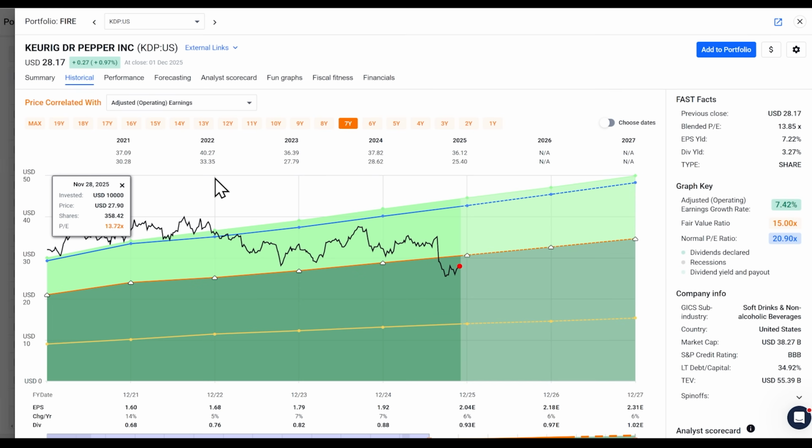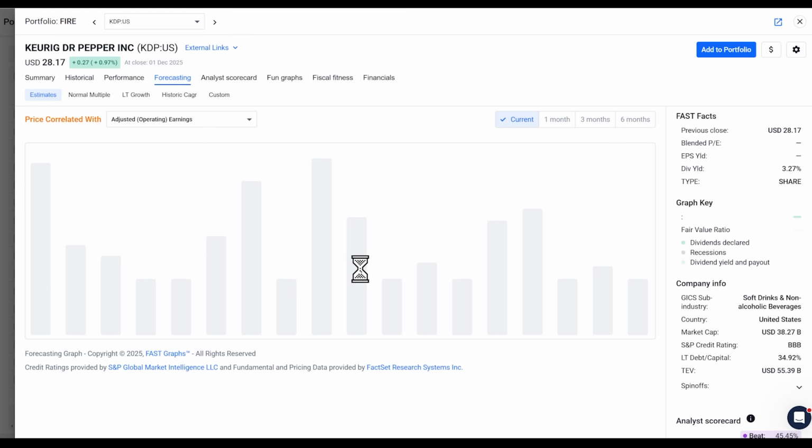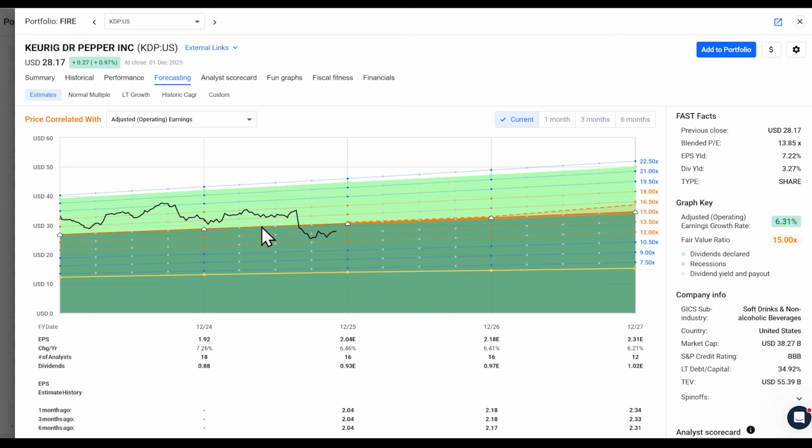Okay, now the forecasting graph, I want you to note, the historical 5-year growth has been about 7.5%. It's forecast by the analyst estimates, which again is iffy because analysts are wrong often, at about 6.3% over the next 2.25 years. We're coming into December here. We only got 1 month left.